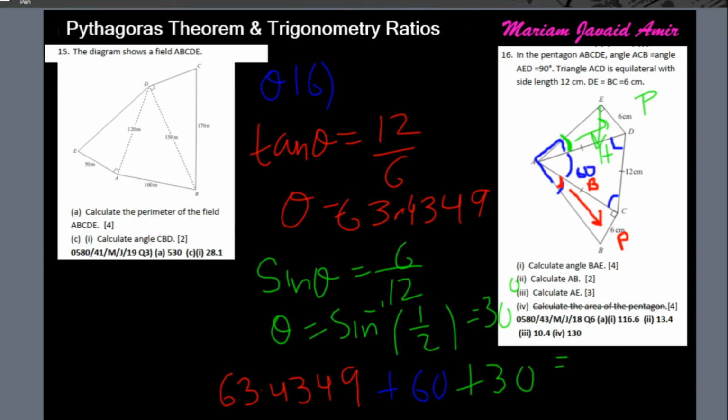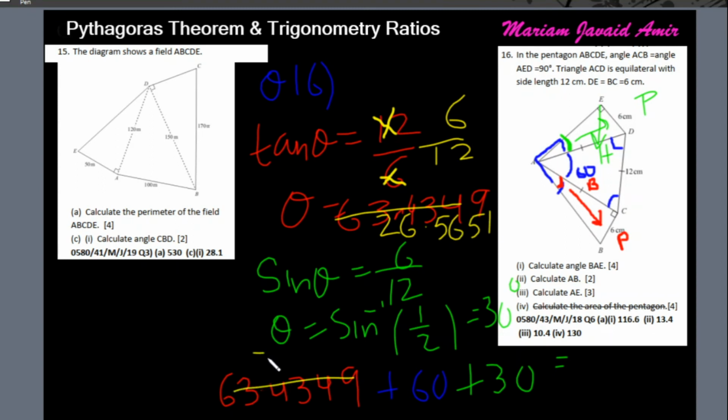Alright, there's another mistake. I seem to be jinxed today. Okay, so this is not 12/6. Tan theta is perpendicular over base. So perpendicular is 6 and base is 12. Right, so this angle would be tan inverse 0.5, which gives 26.5651.